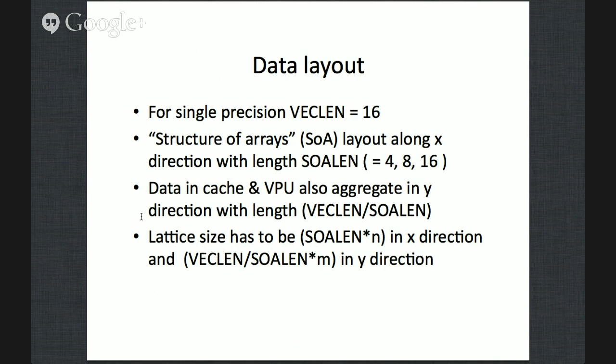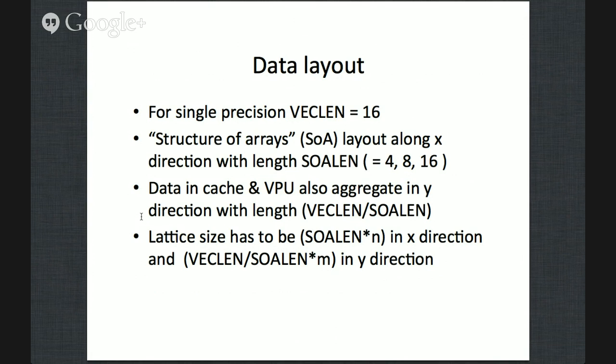That means we put together the fields located on lattice sites with contiguous x indices and store that in an array with the length of SOA length, which can be set to 4, 8, or 16.